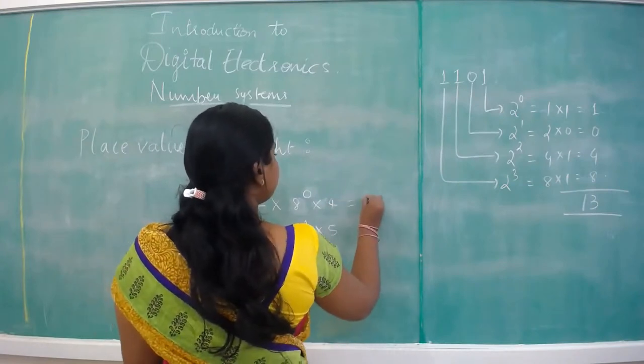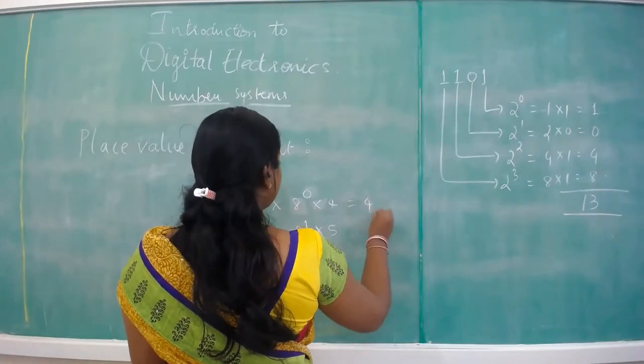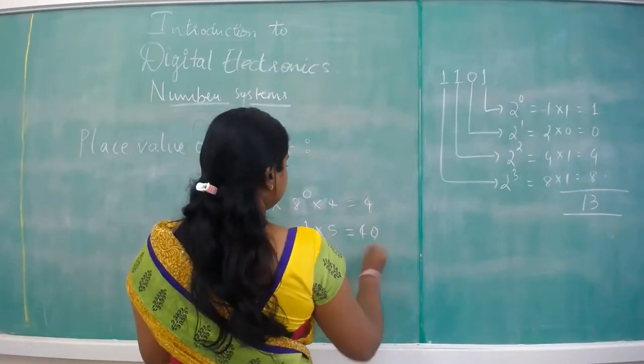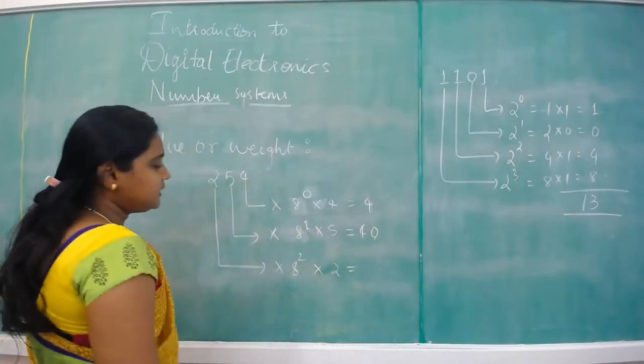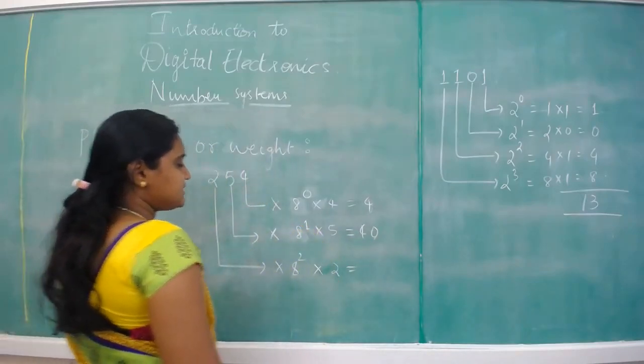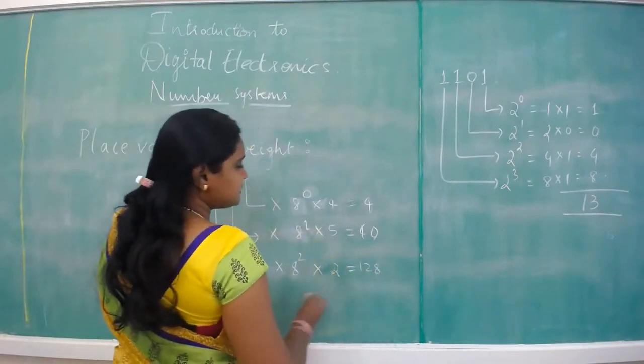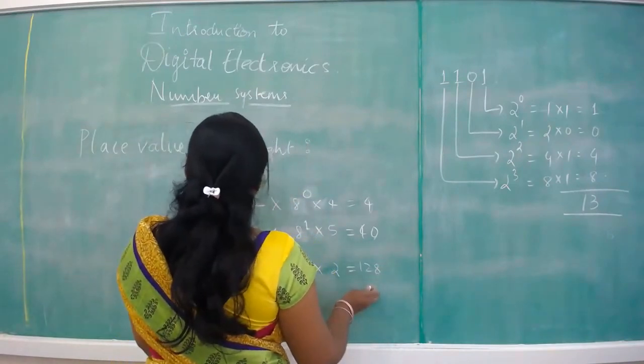Okay. So this is going to give you into 1 only, so 4. So it is going to give you 40. Okay. And this is going to give you 8 square is 64. 64 into 2, 128. So 128 plus 40.